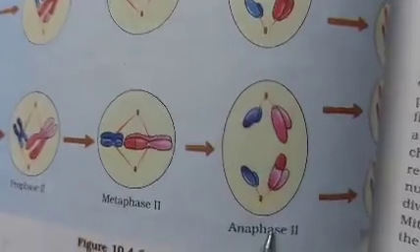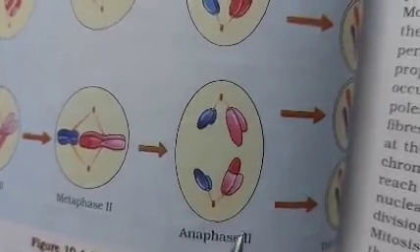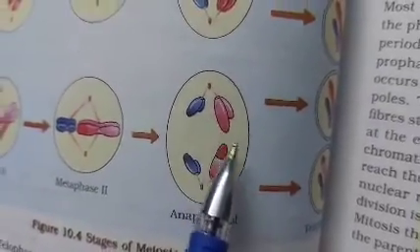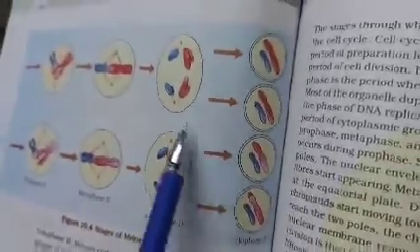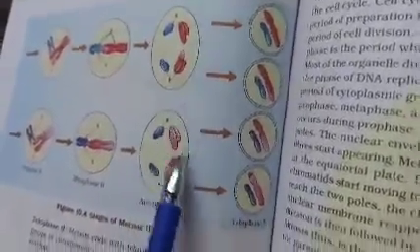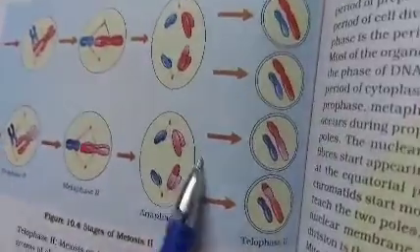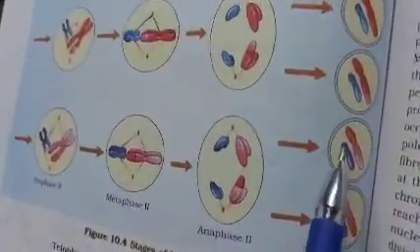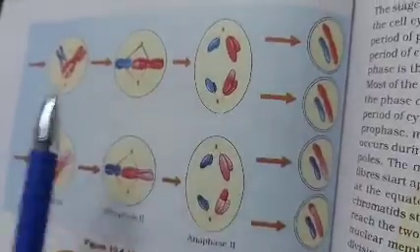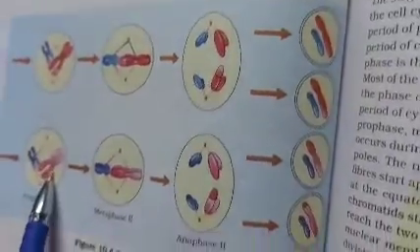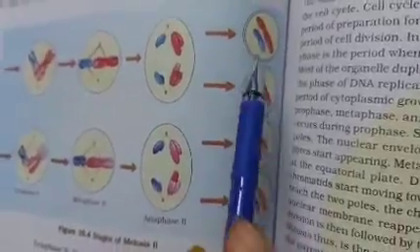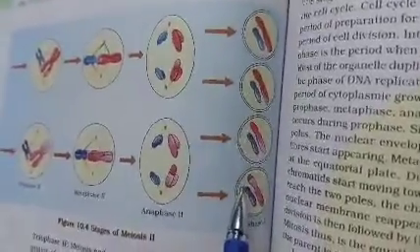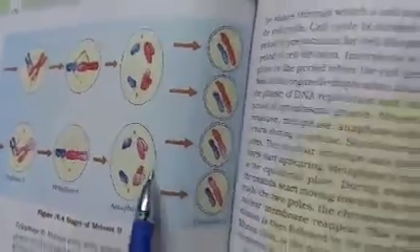And in anaphase second, again we find two separate nuclear groups. So the result of M2, that is after anaphase 2 and cytokinesis, is 4 daughter cells. Earlier, from 1 parental cell, we are getting 1, 2, 3, 4 daughter cells with half the number of chromosomes. So meiosis second is similar to mitosis.